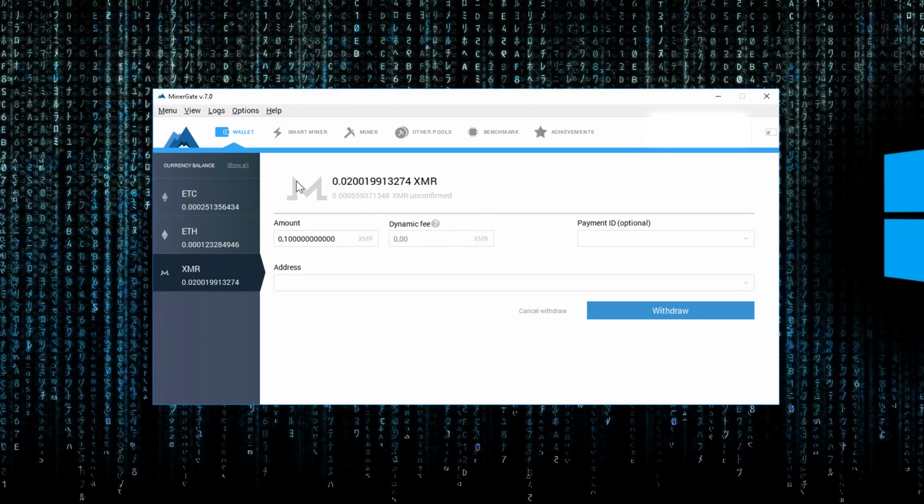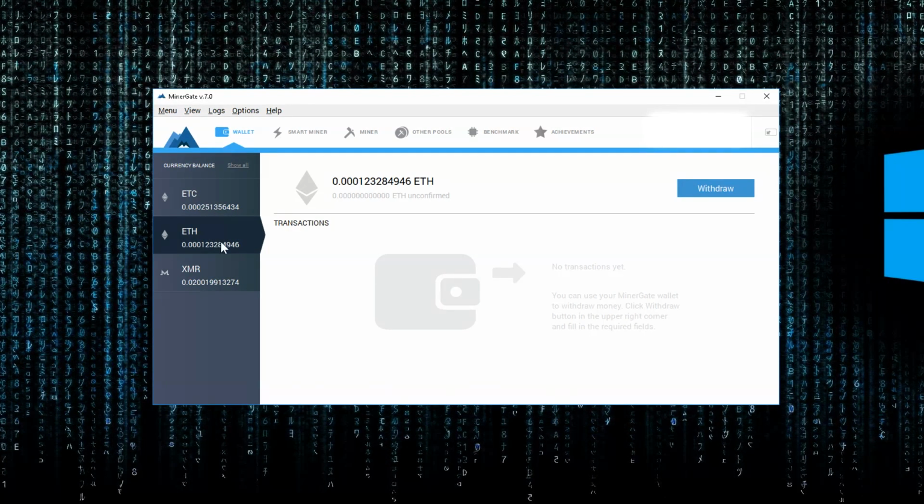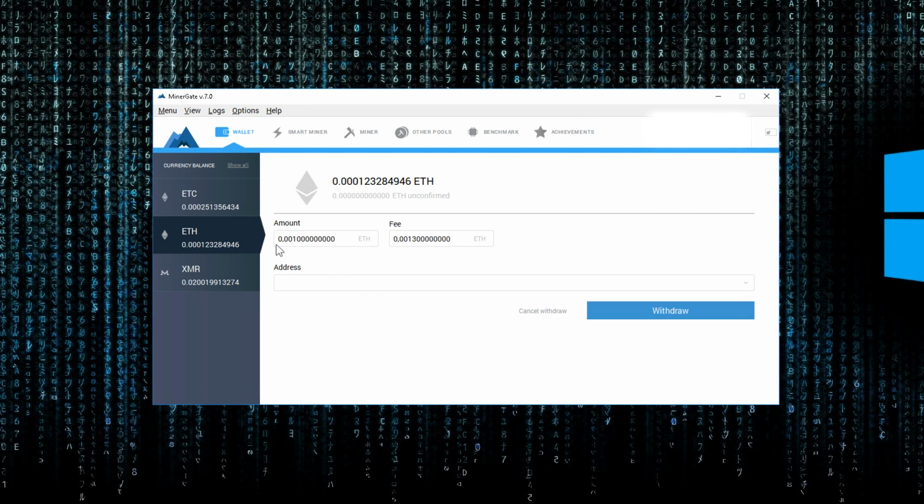So that is important to know, and this is different for each currency. So for Ethereum it will be different. You see, you need less. For Ethereum it will be a little bit easier to send it. And also the fee that you need to send it.